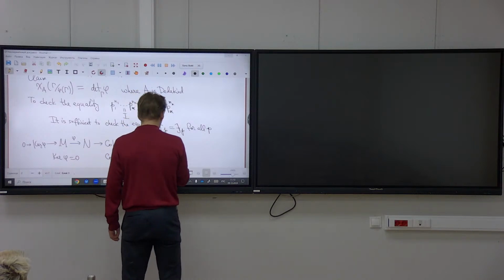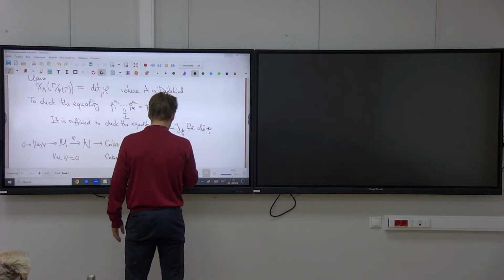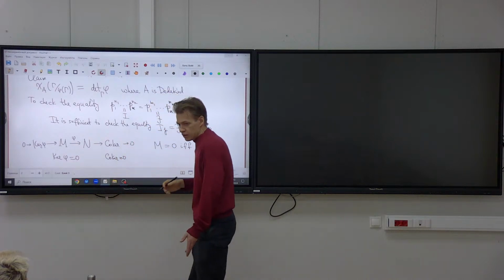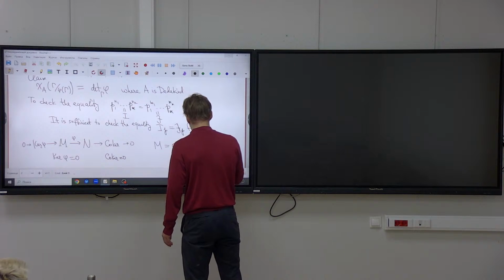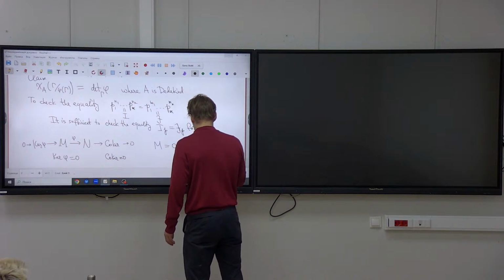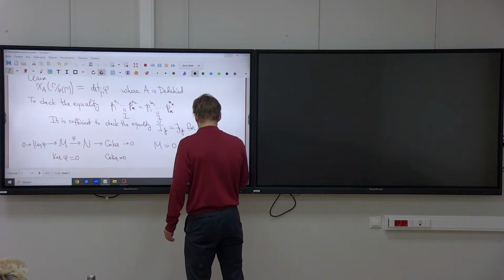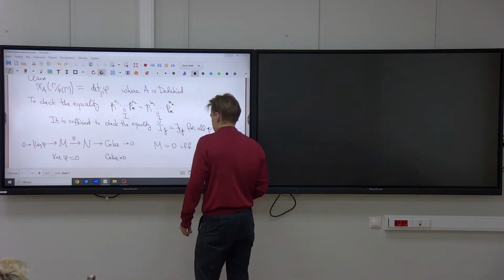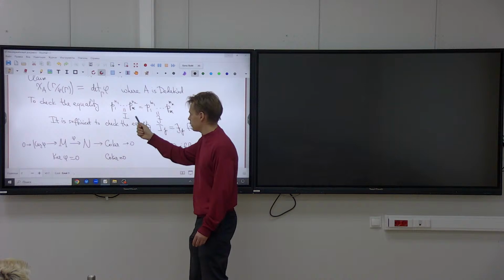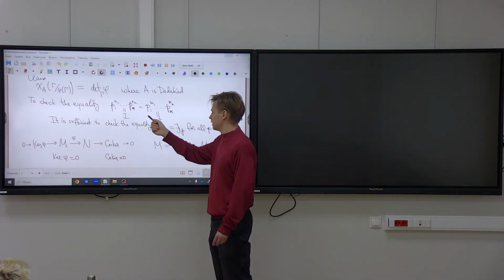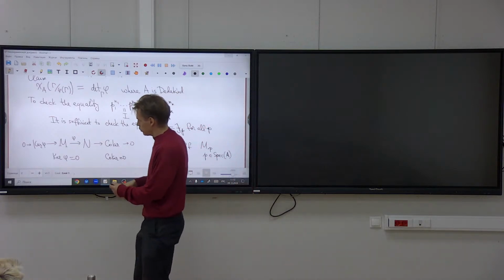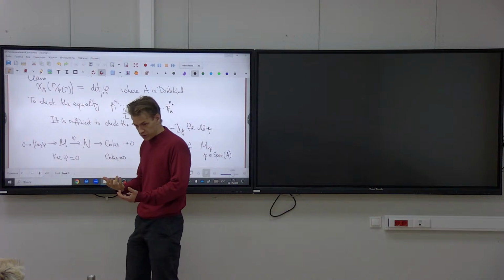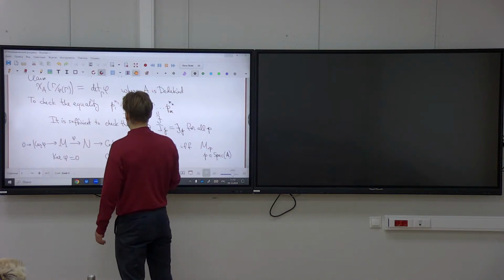M is equal to 0 if and only if it is equal to 0 for all localizations, where P runs through the spectrum of A. So when you are speaking about two ideals inside the fraction field, you do not have a priori maps between them.